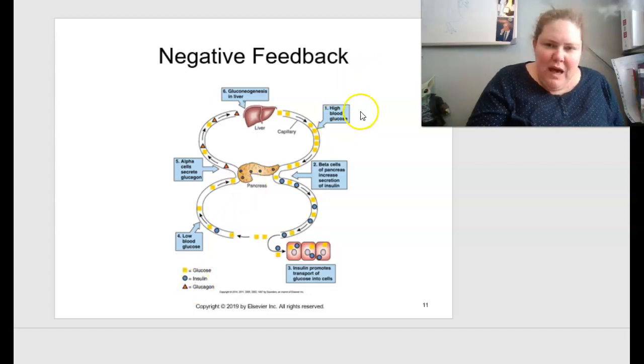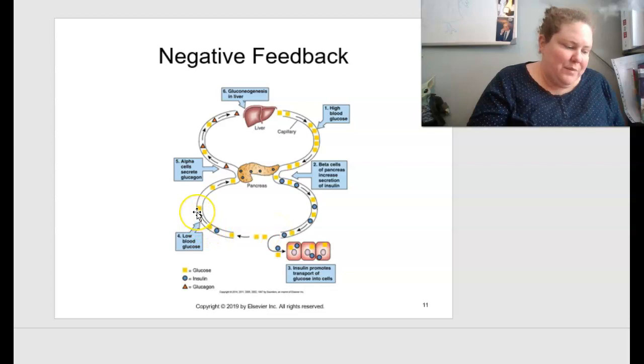Up here we have an example of high blood glucose, so you can see the little yellow squares traveling in the blood. Then our beta cells in the pancreas say, hey, we have too much sugar in the blood, so why don't we get some of it out? So it releases insulin. Then insulin, down here, promotes the transport of glucose into the cells, and that uses GLUT4 transporters. That's just some extra information if you ever wanted to know.